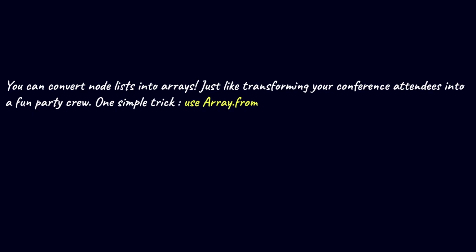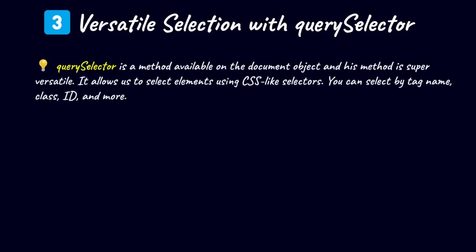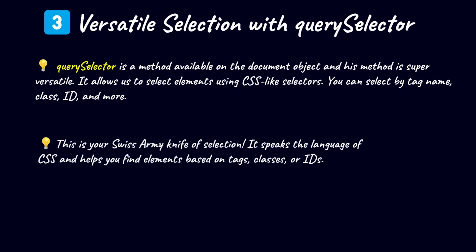You can select by tag name, class, ID and more. What I mean is, when you use querySelector, you can access your elements using CSS-like syntax. When you do CSS on your HTML elements, you can give them a class, you can give them an ID, or you can just directly select them with the tag name.